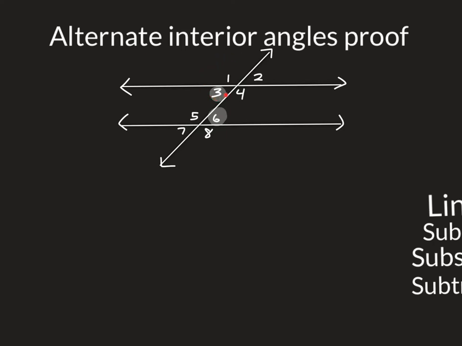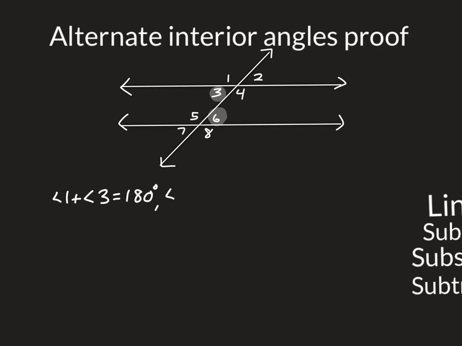If I look at angle 1 and angle 3, angle 1 plus angle 3 is going to equal 180 because they are a linear pair, a pair on a line. Similarly, if I look at 5 and 6, 5 and 6 are also a pair on a line, and a line is 180 degrees.